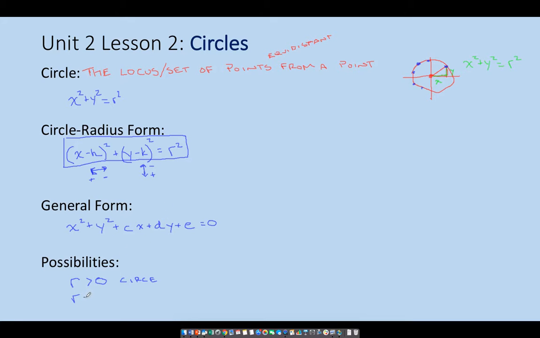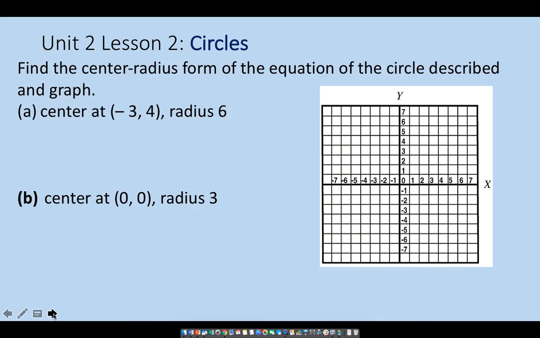If r is equal to 0, that means my radius equals 0, which means I just have a point. And if my radius is less than 0, well, I can't have a radius less than 0. That means it does not exist. So those are my three possibilities, and I'll just be able to look at that here. All right, let's move on to some examples.